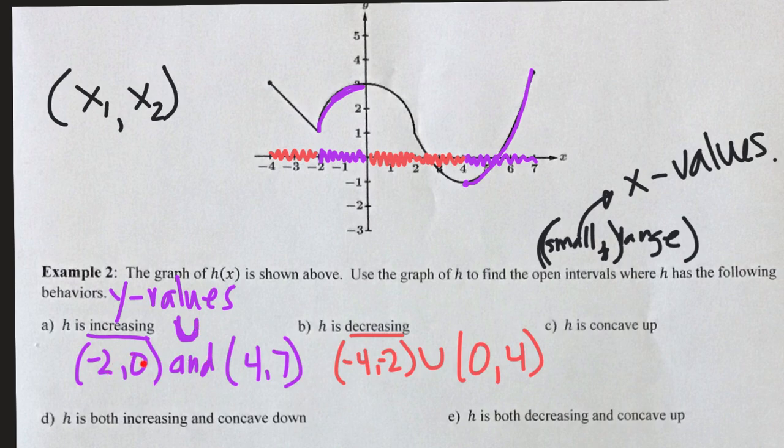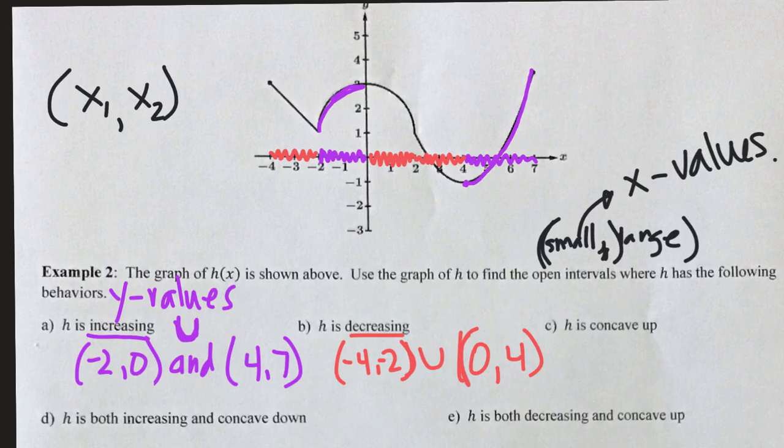So from -2 to 0, union of, or and, 4 to 7. So you can use the word and to connect two separate intervals that have the same answer, or you could use the U. Okay, you're going to see both of those things in math class as a symbolic representation.